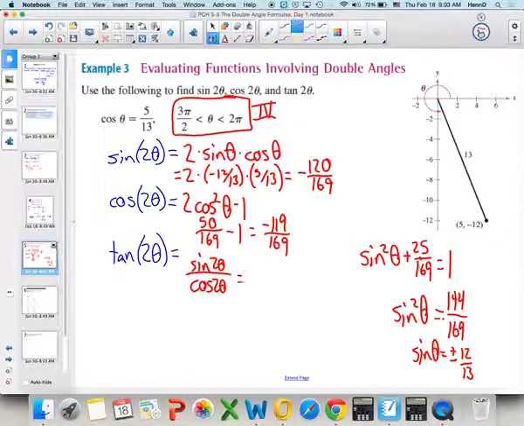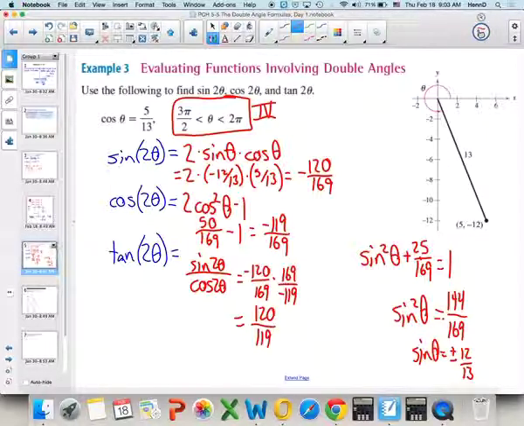All right? So sine of 2 theta is negative 120 over 169. If I'm dividing by cosine, I'm going to flip and multiply. All right, so this is 169 over a negative 119. So I get a positive 120 over 119.